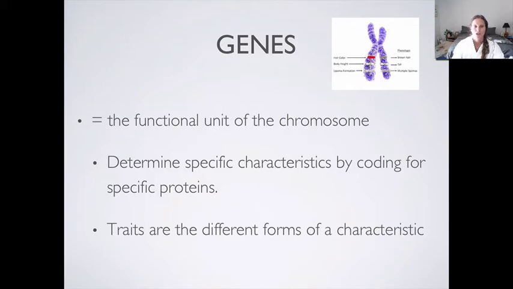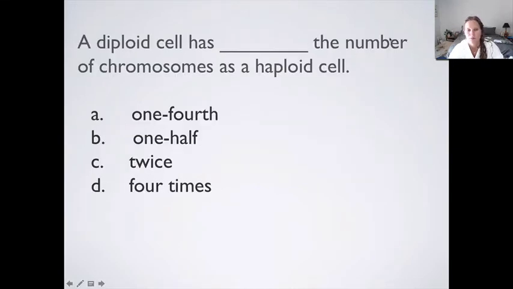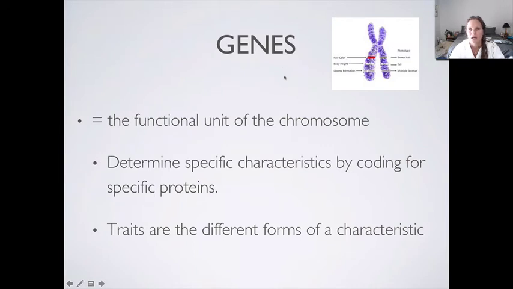So again, a gene is referred to as the functional unit of the chromosome. If you look up here, you're going to see a chromosome, right? And you see that on each of the arms of the chromosome, you have a gene for hair color, for body height, for, in this case, lipoma formation, right?